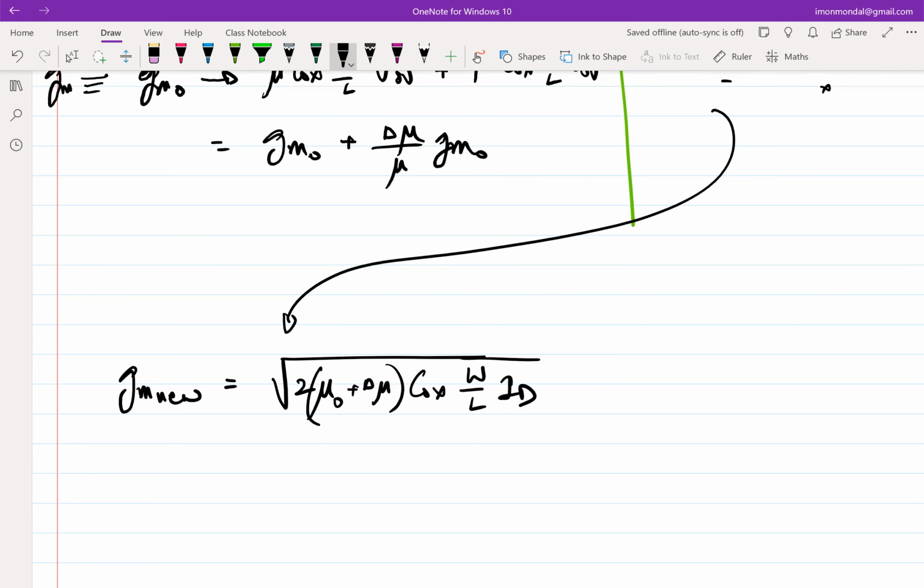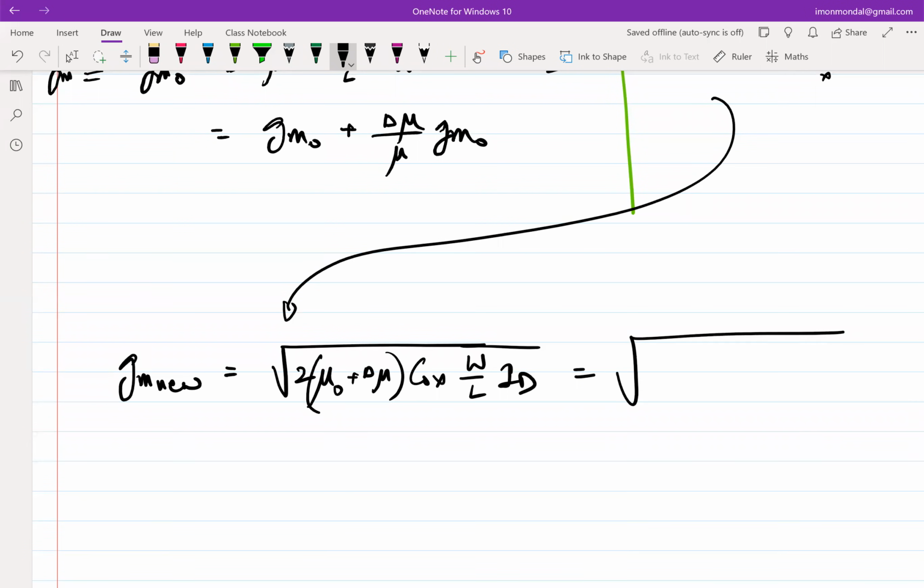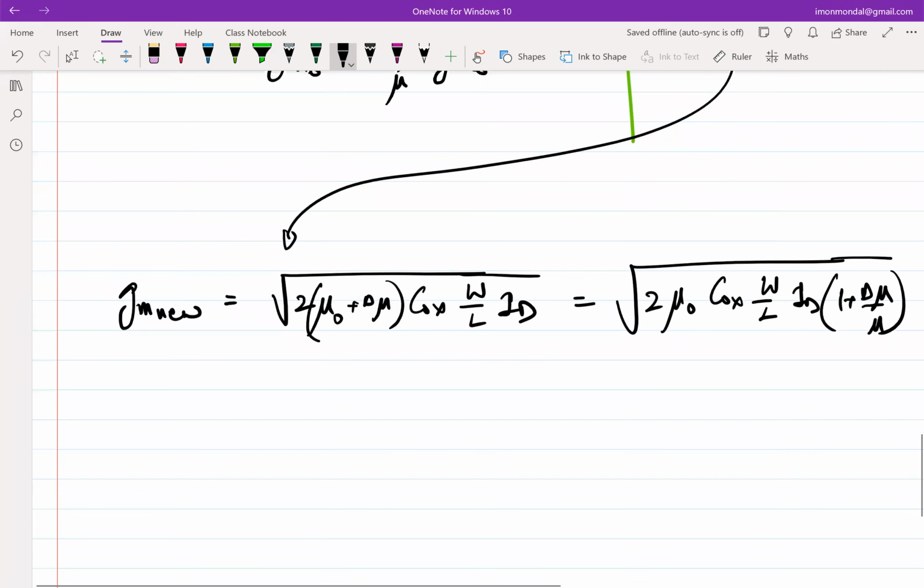Okay, so we can essentially use this approximation. You can say this is 2 mu naught Cox W over L ID, times 1 plus delta mu by mu, under root. The Taylor series of under root 1 plus x, where x is less than 1, is 1 plus half x. So we'll use that.